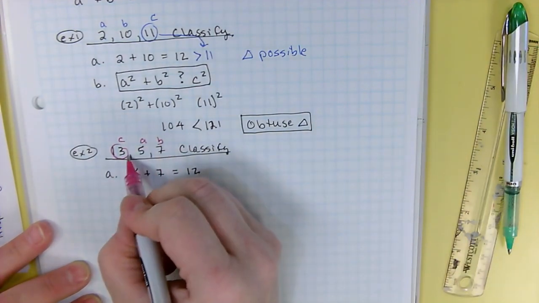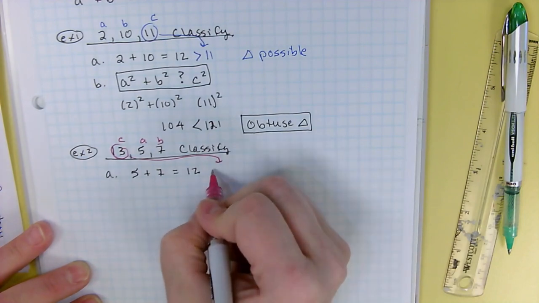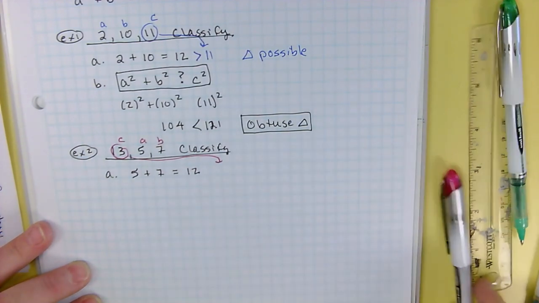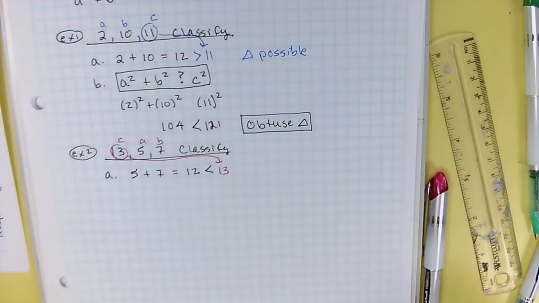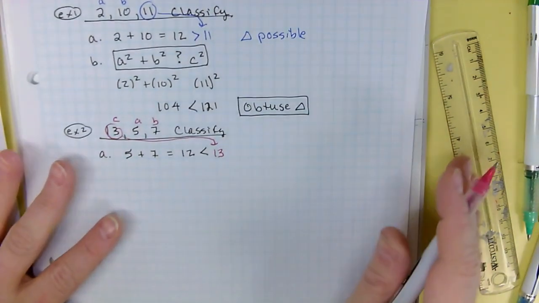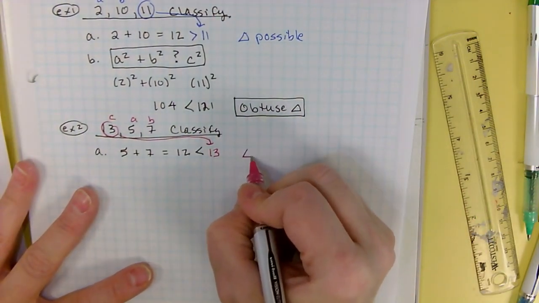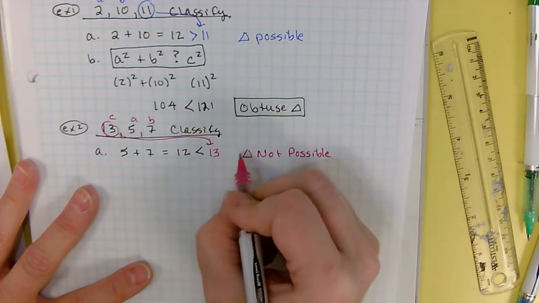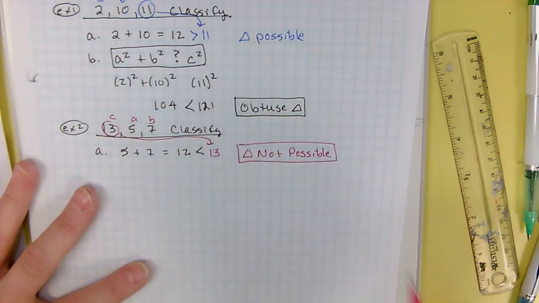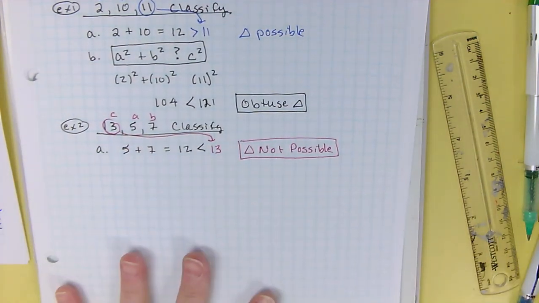And then you're going to compare that to the biggest side, which is 13. And 12 is less than 13. The sum is less than 13, which means those two sides will fall flat. They won't meet up. They won't make a triangle. So in this case, a triangle is not possible, so we cannot classify it. And you're done with the problem.